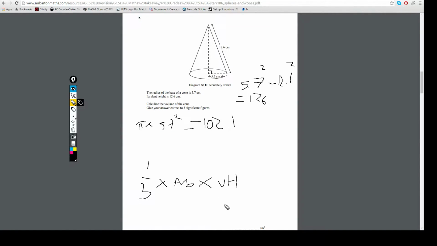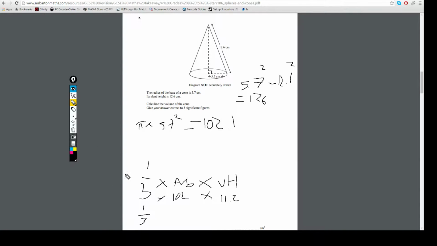So now 11.2 times, we already have got our area of base, which is 102, and we're going to times it by 1/3.